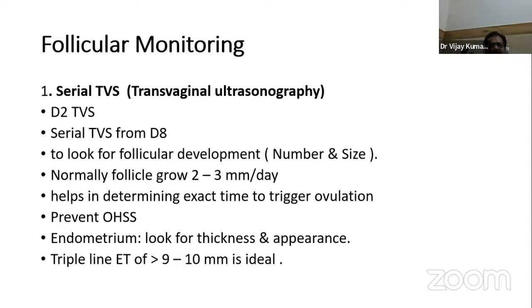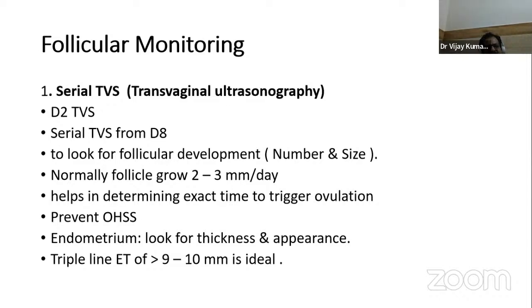Then serial scanning is done starting from day 8 to understand how many developing follicles there are and what the dosage of gonadotropins should be. Normally the follicle grows about 2 to 3 millimeters per day.